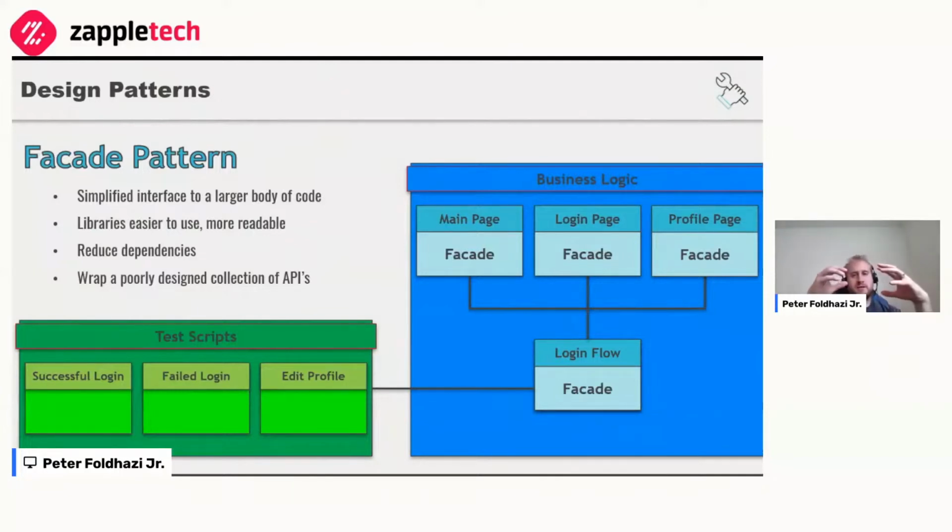The facade pattern helps you hide implementation details and provides you services, called facades, that your other libraries are going to use. In this example, I have a login flow. A login flow is going to use the facades of the main page, the login page, and the profile page. So I'm already pointing to the page objects, which I'm going to go into in more detail later on. So the flow model is going to leverage those facades.